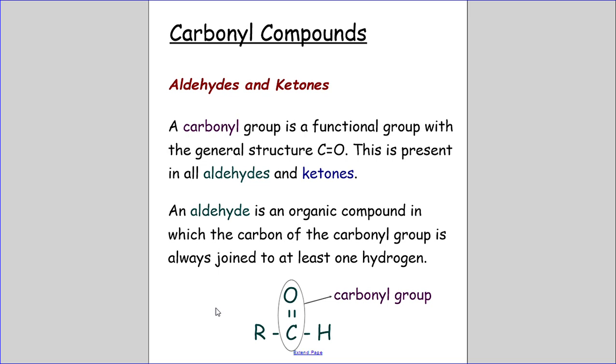Traditionally you'll see it going up or down, but these things can be given different orientations, so look for that carbon double bonded oxygen to give you an indication that you're looking at a carbonyl compound in an equation or structural formula, and then after that start to try to identify the rest. Okay, so aldehydes: carbon double bonded oxygen, a carbon chain coming off of it, and then a hydrogen on the other side.